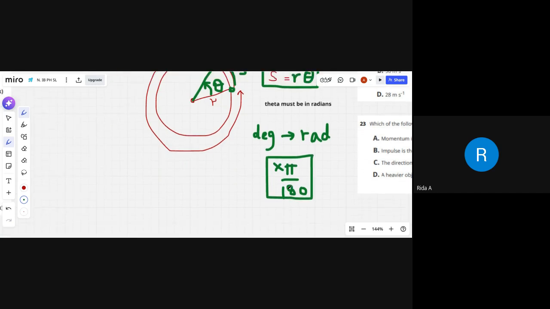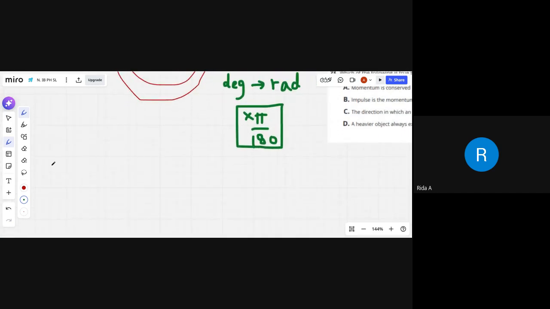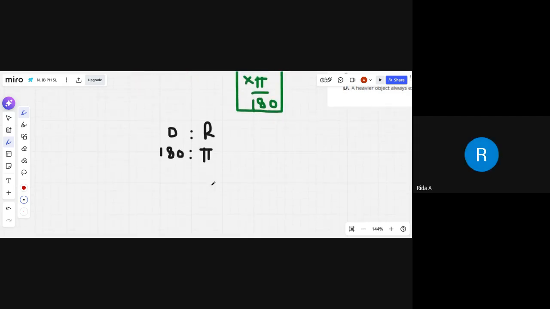If you happen to forget this number, you can always use the ratio method, like degrees to radians, right? 180 degrees is 1 pi radian, or 360 degrees is 2 pi radians.